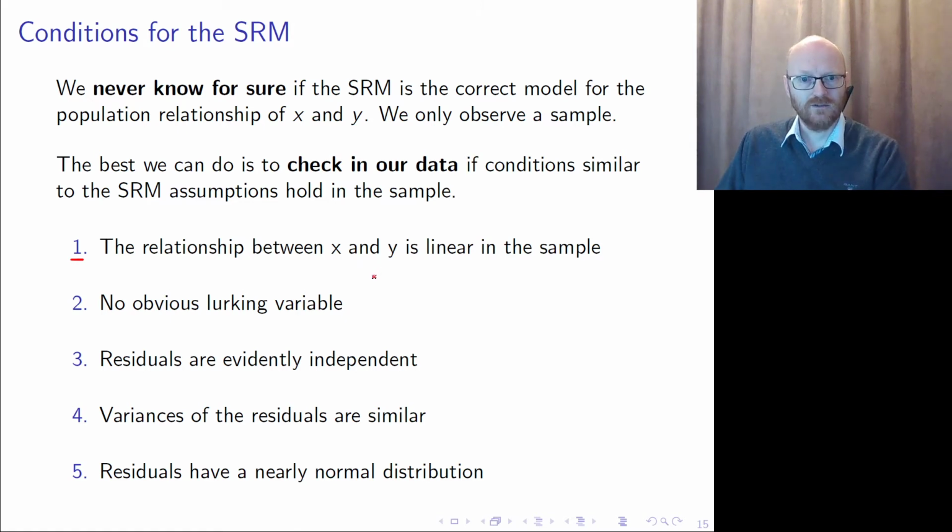Okay, so you can use the linear regression model. And in addition, there should be no obvious lurking variable or confounding variable, which means that there should be no other obvious x variable in addition to the x variable that you have chosen to include in your model.